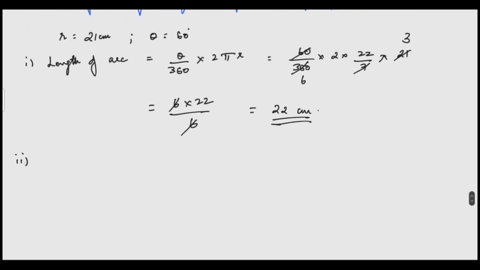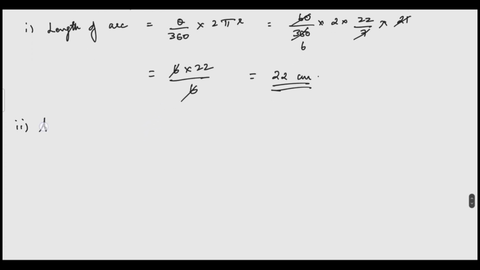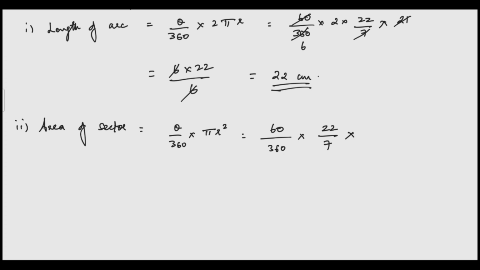Second part of the question is finding the area of sector formed by the arc. Area of sector is found using the formula theta by 360 into pi r square. Substituting the values, 60 by 360 into 22 by 7 into radius is 21, writing it twice, 21 into 21. 60 by 360 is 1 by 6, 7 3s are 21.